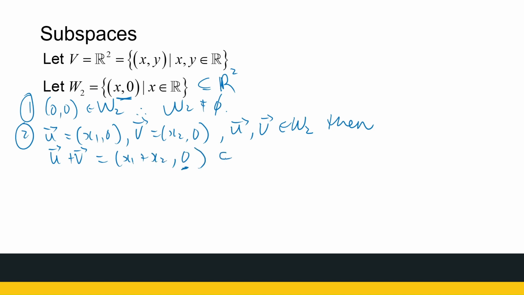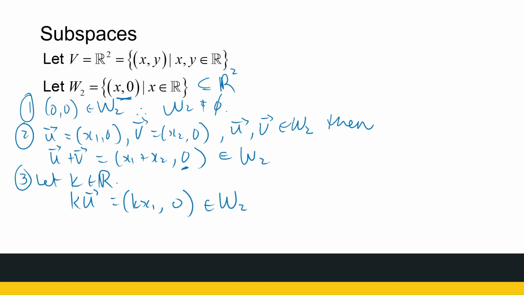So this again is in W2. And if I've got any real number k, k times u is going to be equal to (kx1, k times 0), which is (kx1, 0). So again, I find myself in W2. So W2 is non-empty, it's closed under vector addition, it's closed under scalar multiplication. So therefore W2 is a subspace of R2 with the same standard vector addition and scalar multiplication.